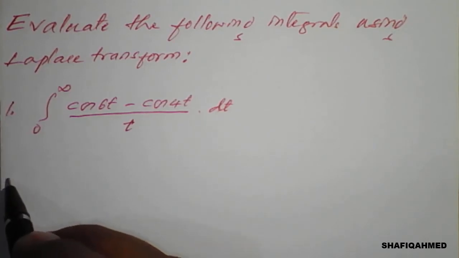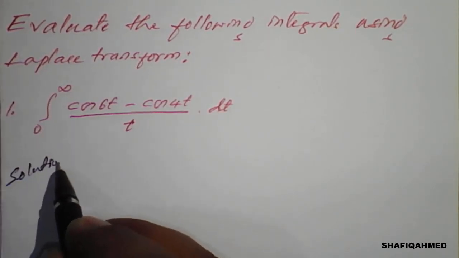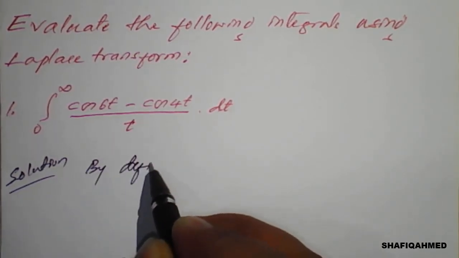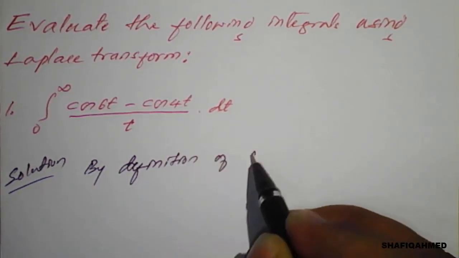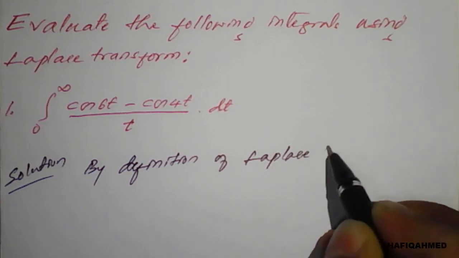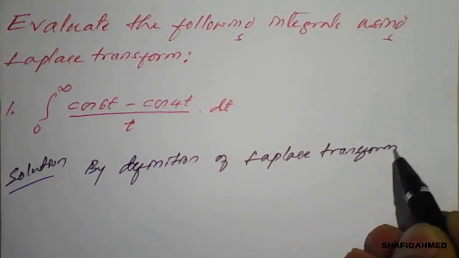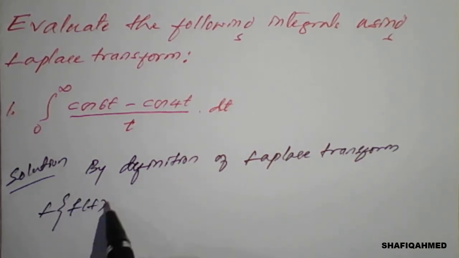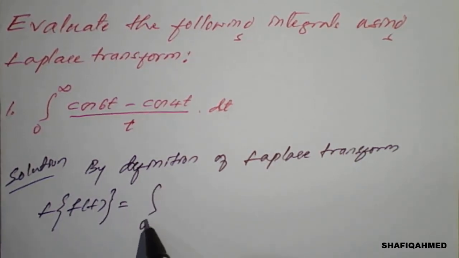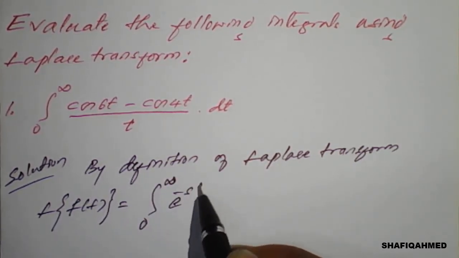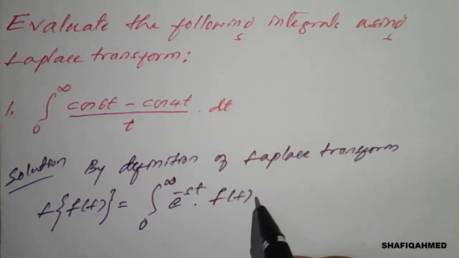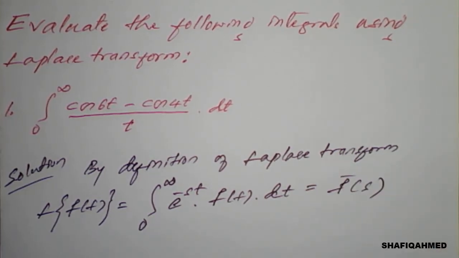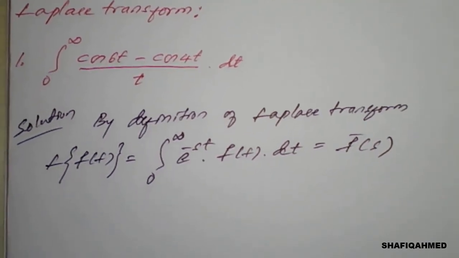So solution, by definition of Laplace transform, we have L of f of t is equal to integration 0 to infinity e raised to minus st f of t into dt, which is nothing but F of s. So remember this, which is very important now here.